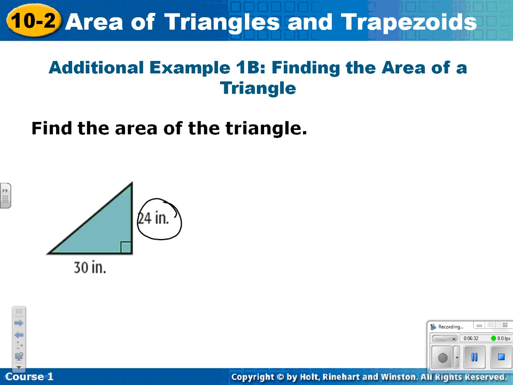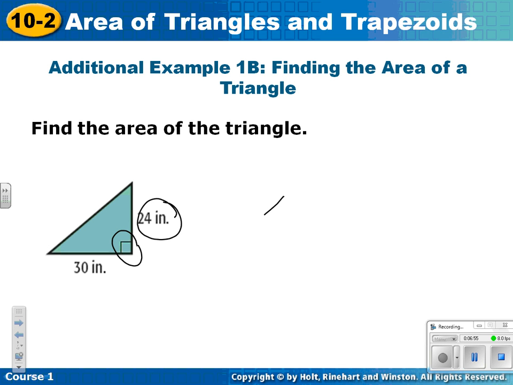This number right here tells me that it's 24 inches high, but it only works because of this. What is that? 90 degrees. That is telling me that this triangle is going straight up.